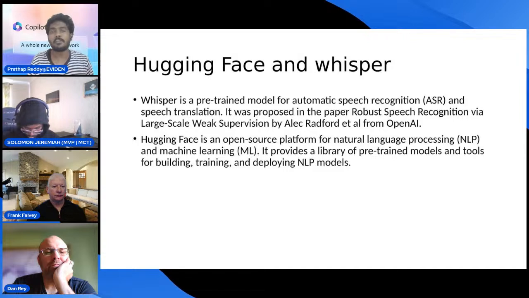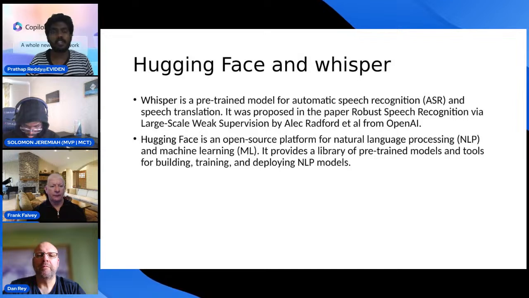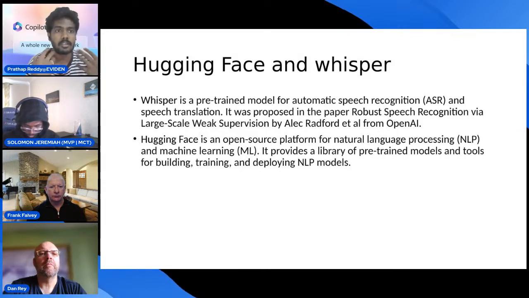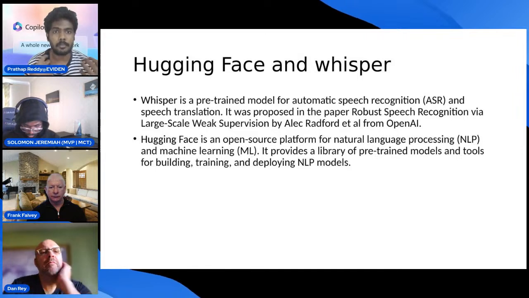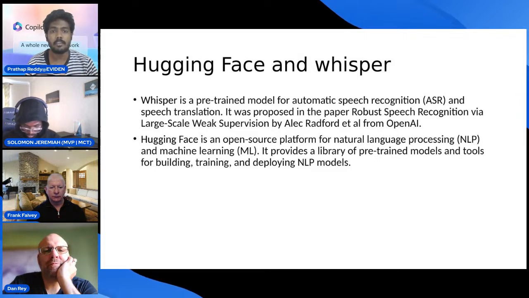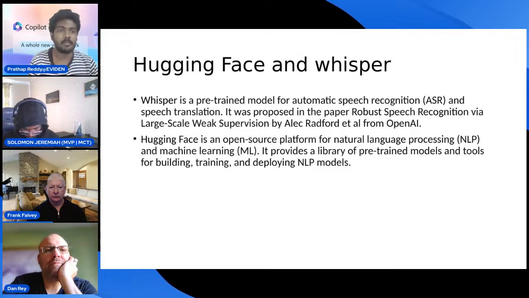The Whisper is mainly focused on speech recognition. For example, I'm talking to you guys, so whatever output is coming from me will be recognized by the Whisper model, and that can be integrated in the OpenAI models or wherever we need to deploy those models.